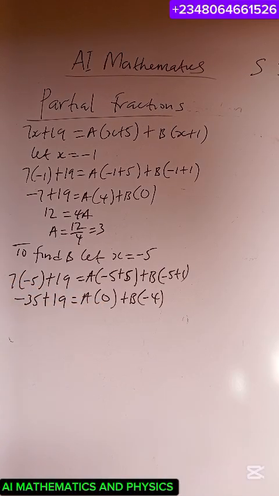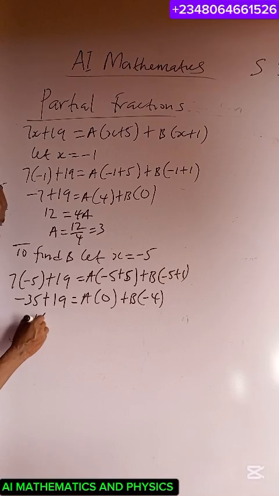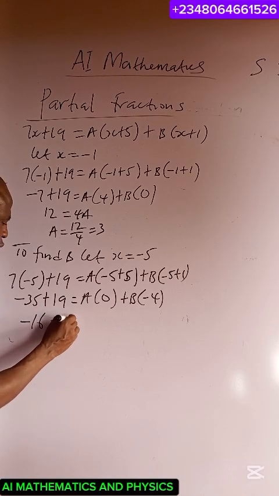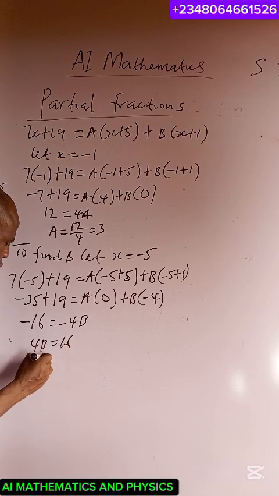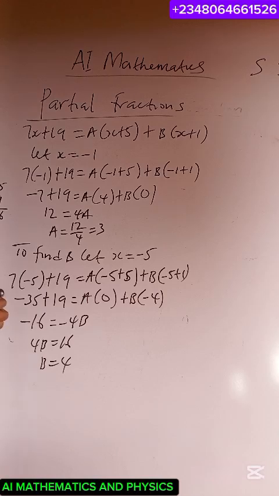Now deduct: minus 35 plus 19 gives minus 16. So minus 16 is equal to minus 4b. That's 4b is equal to 16, or b is equal to 4.